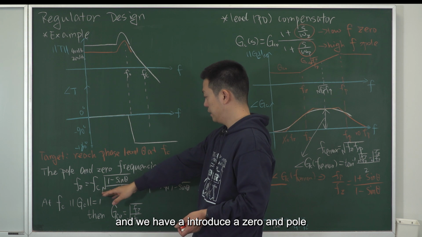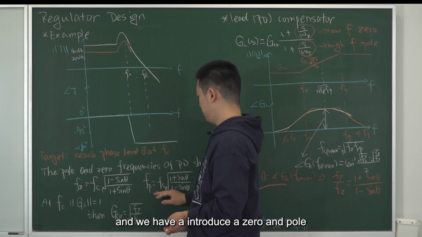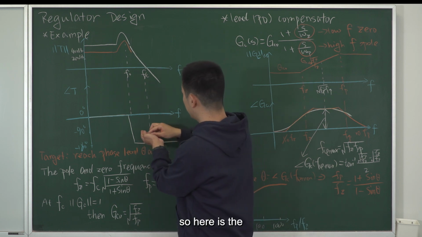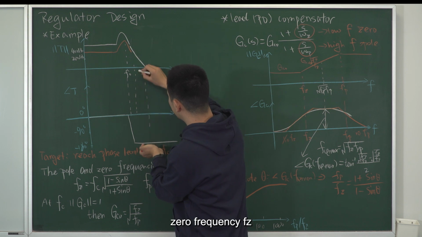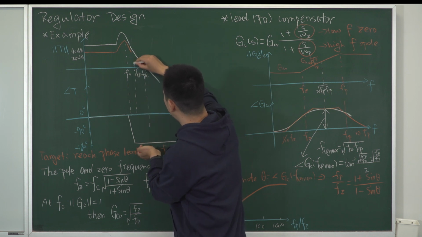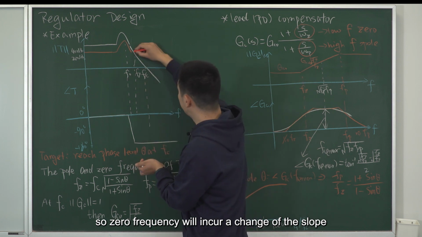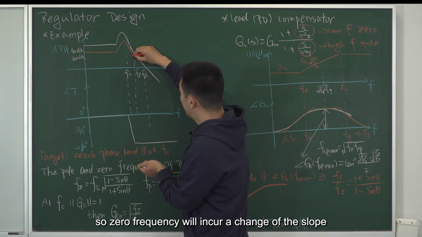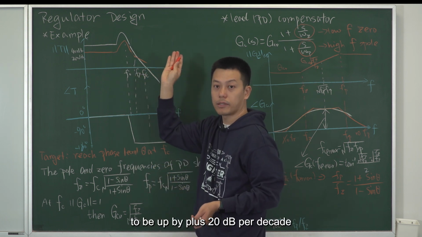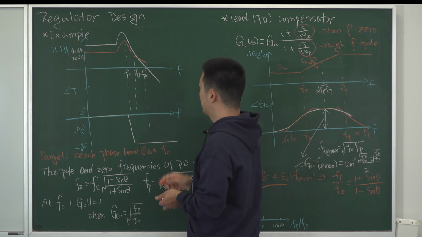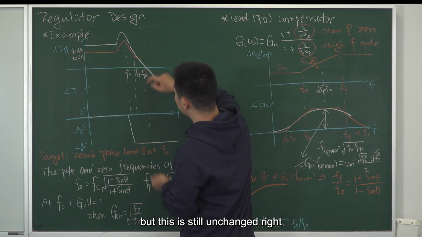And we have introduced a zero and a pole. So here is the zero frequency, Fz. The zero frequency will incur a change of the slope to be up by plus 20 dB per decade. But the crossover frequency is still unchanged, right?